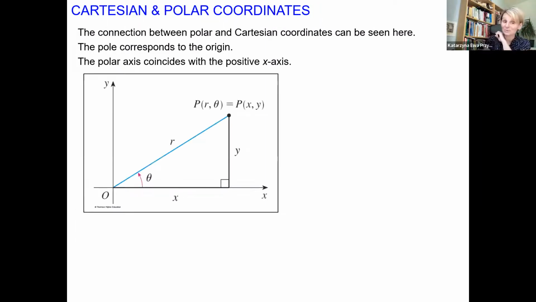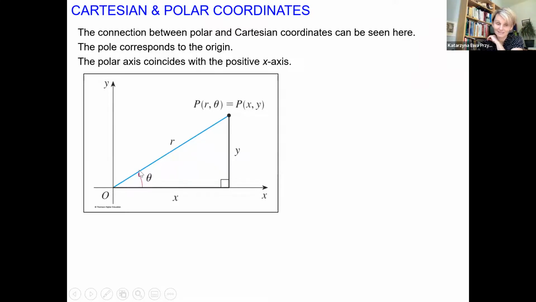Okay, now one of the important things is to find the connection between the polar and Cartesian. So what I did, I put just the first quadrant, but we have to look through the 2 coordinates, x and y, perpendicular distances, and then r and theta.